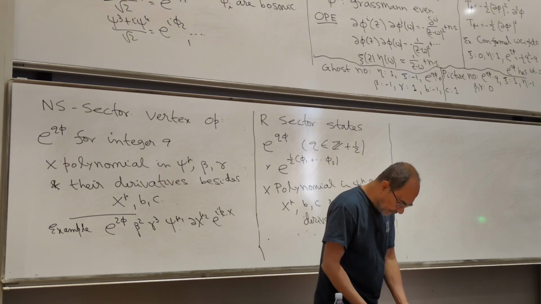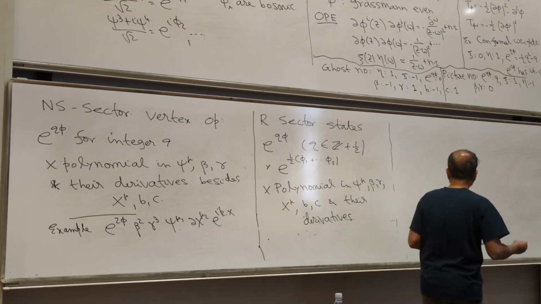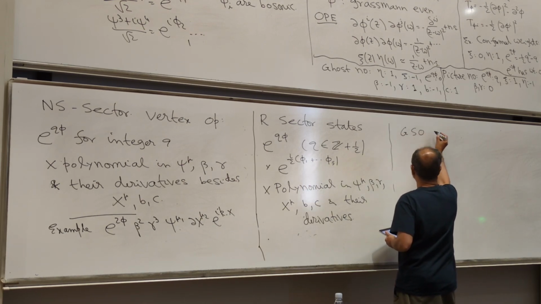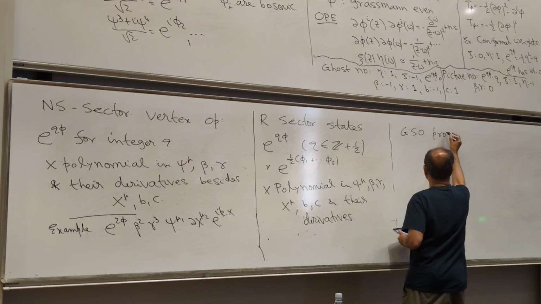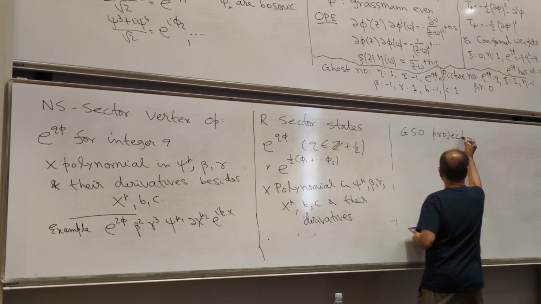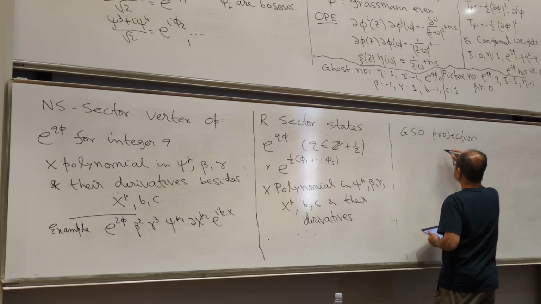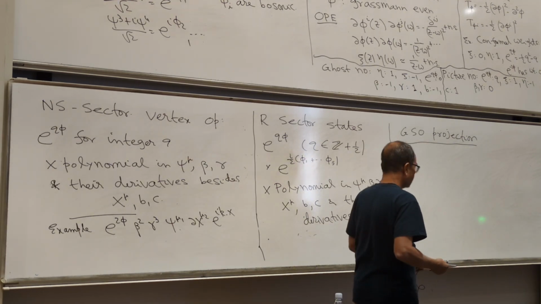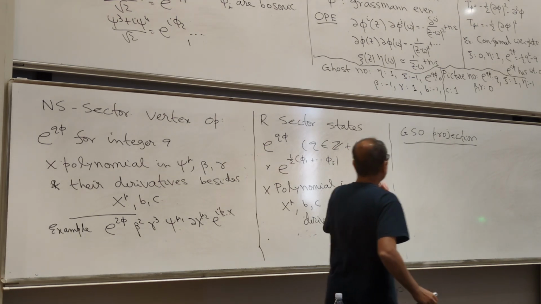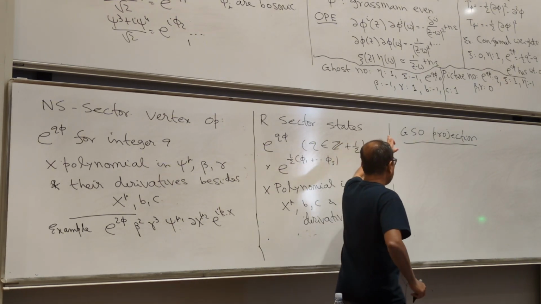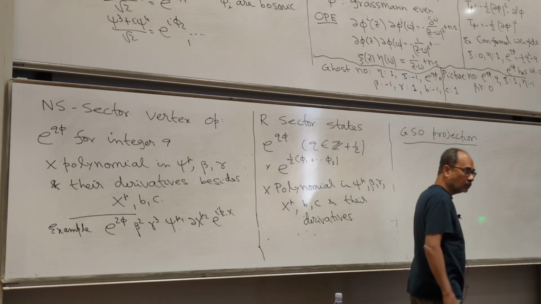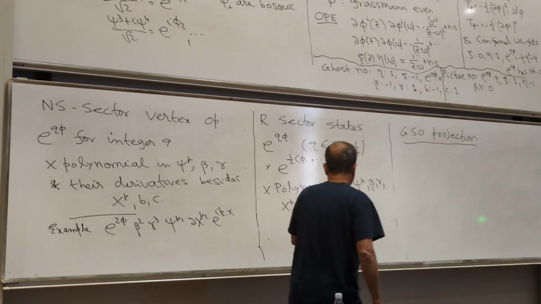Okay, so GSO projection. Now we have already said how the projection operator Z2s act on the psi beta gamma, right?